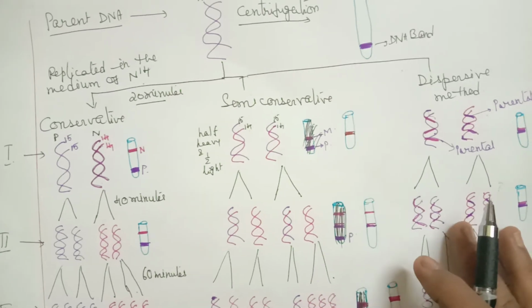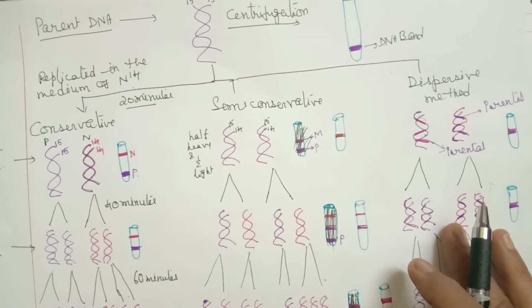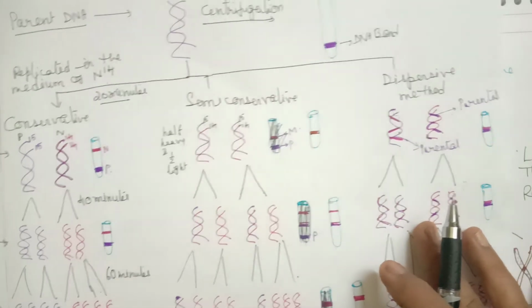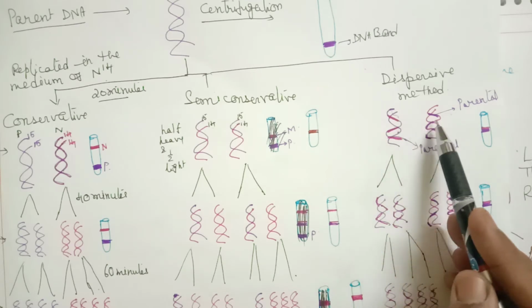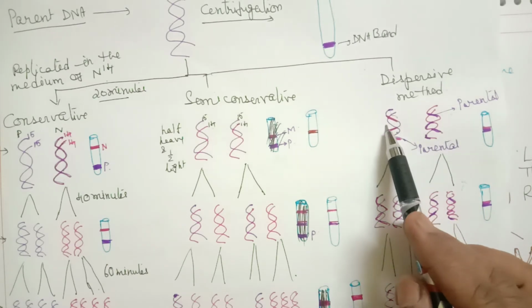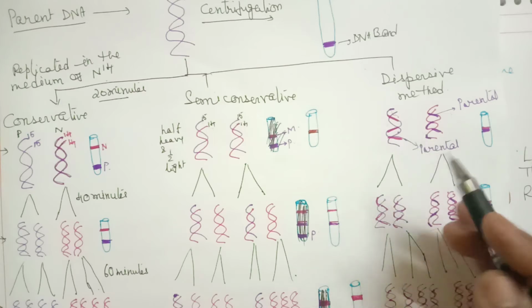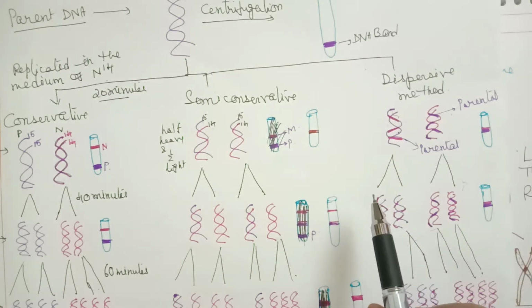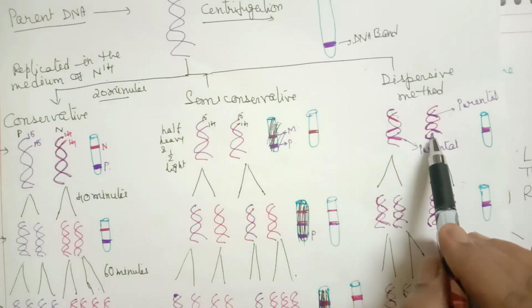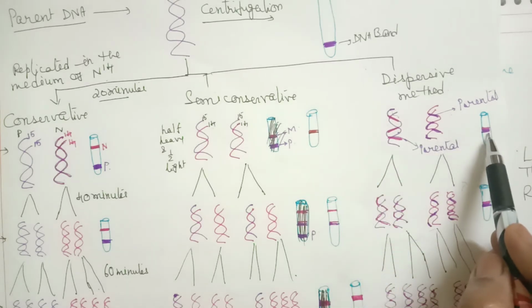Now the next one, the third method, that is the dispersive method. In the dispersive method, on both the DNA molecules, both parental and new strands are present. They may be randomly distributed. Since both are present, this is also going to give a band in the middle.